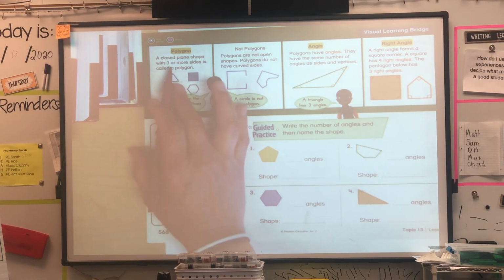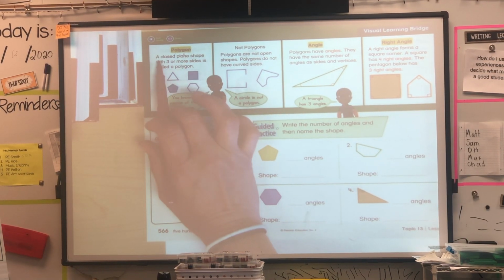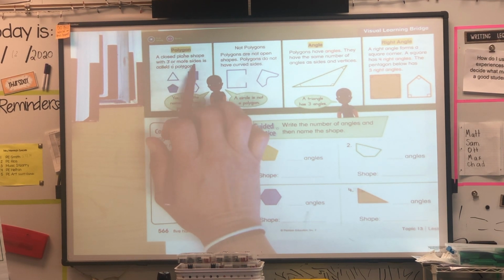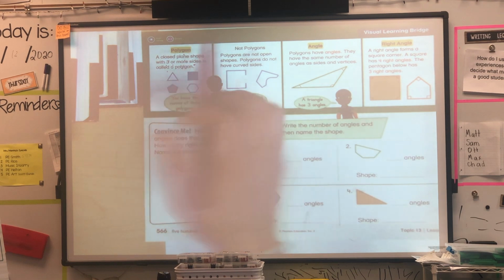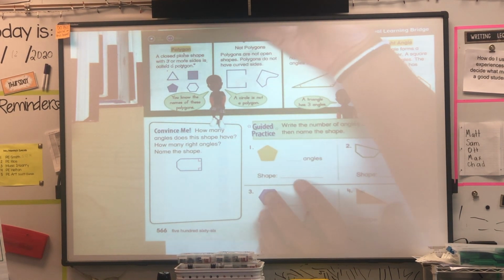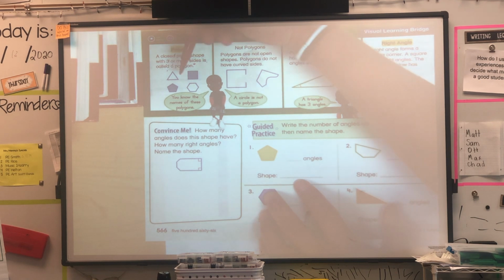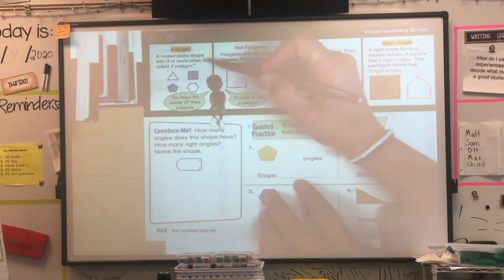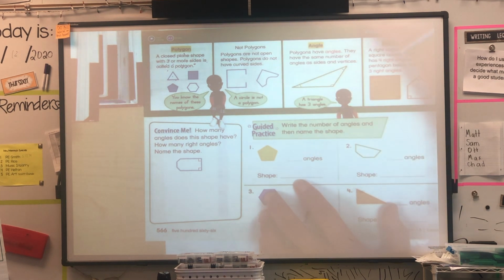So we've talked about how a polygon is a closed plane shape with 3 or more sides, and that's called a polygon. Closed means there's no open edges. Okay, 3 or more sides. Our triangle, that means 3. 1, 2, 3. And so we talked about how it's closed and 3 or more sides.